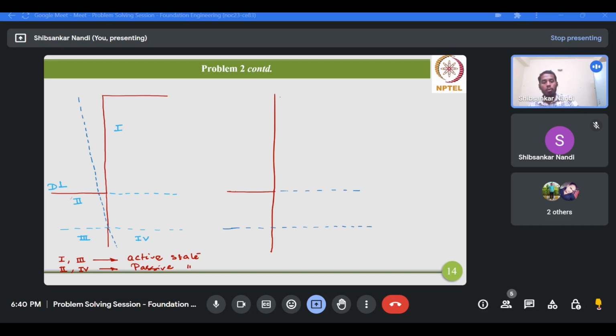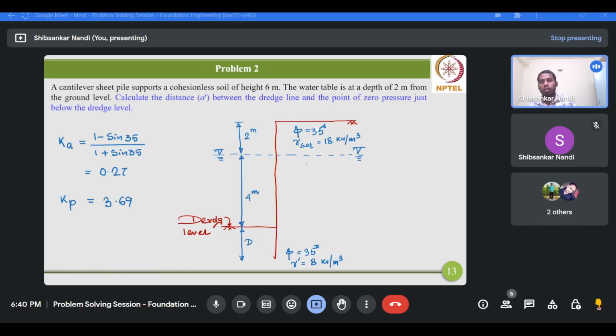So it will basically start from 0. Since this is cohesionless soil, the active earth pressure variation, PA at Z, is Ka gamma Z, and PP at Z is Kp gamma Z. These are the variations of active and passive earth pressure with Z, with Z being measured from this level and again this level.